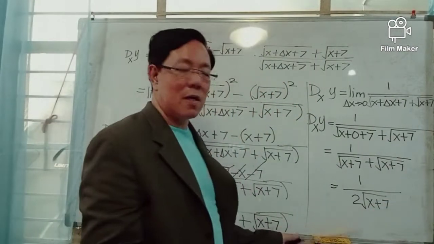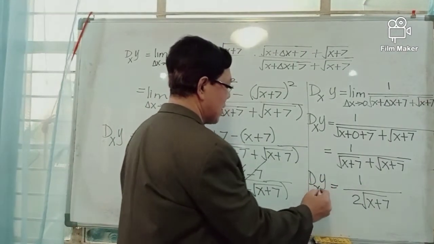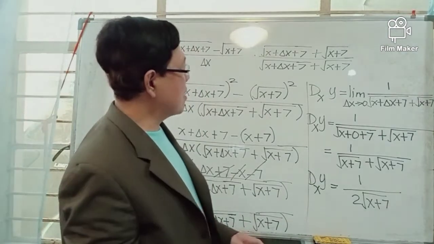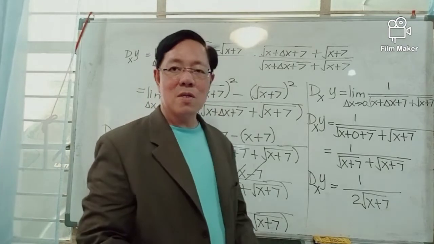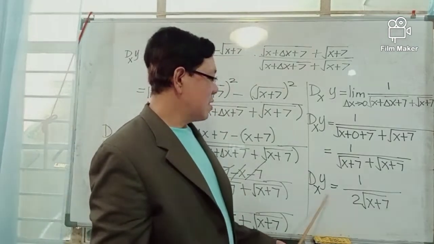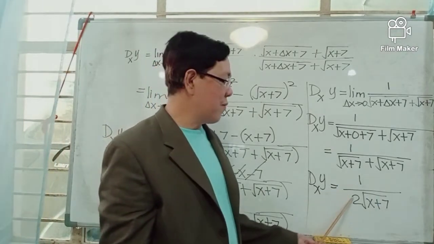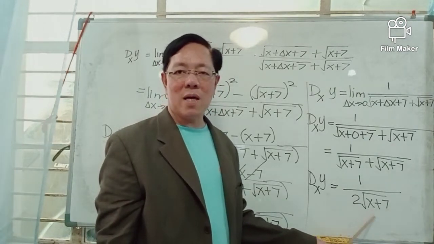And this is the required derivative of y with respect to x. The given function is y equals square root of x plus 7. Its derivative with respect to x is 1 over 2 multiplied by the square root of x plus 7.